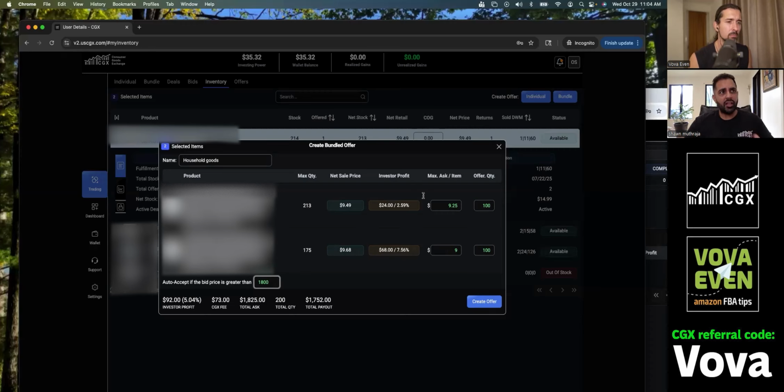And in this particular case, with a bundled offer, you can only bid on the full bundle. Unlike the individual offer, you cannot break the bundle, which means I have to bid on the whole bundle. And if, for instance in this particular case, I bid 1,800 or more, I would get accepted. The bid would execute, and I would now own this total bundle of 100 pieces of each.